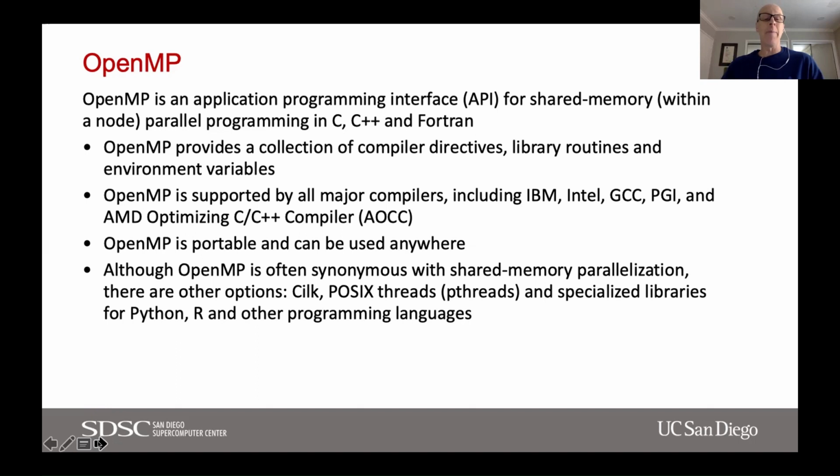It's portable, it can be used anywhere. Although OpenMP is often synonymous with shared memory parallelization, there are other options out there. There's a language, which you could think of as an extension to C, called Cilk. There's POSIX threads, which is a little bit lower level, and there are specialized libraries for Python, R, and other programming languages.